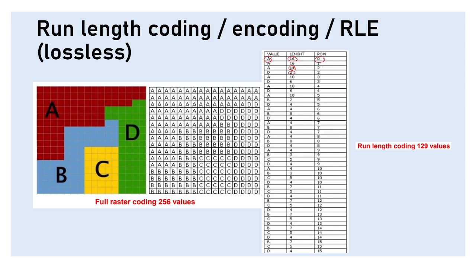Okay. So like that we will give for all of these. In that sense the full raster coding is 256 values, but when you do the run length coding it will come up to 129 values only. So that's a very drastic difference, right? So compression can be done in that way.